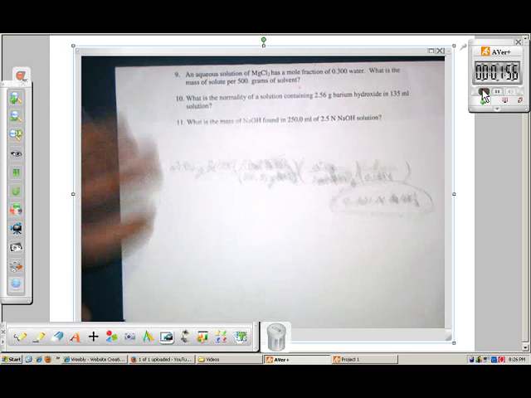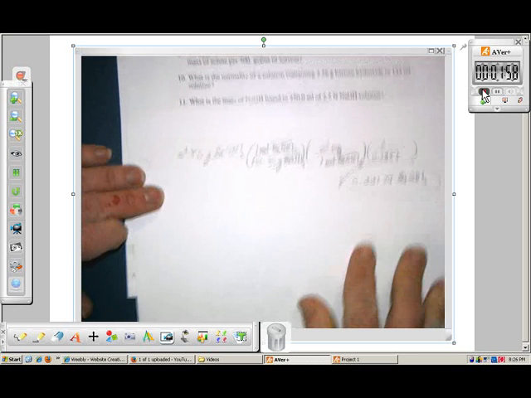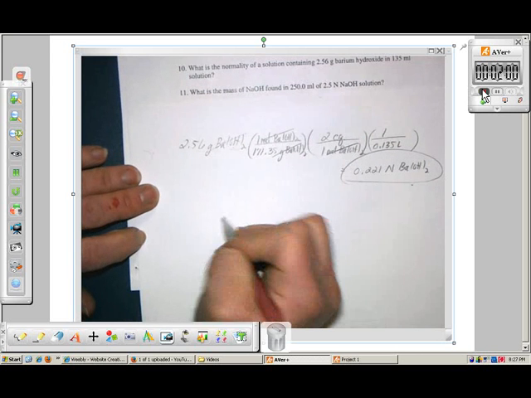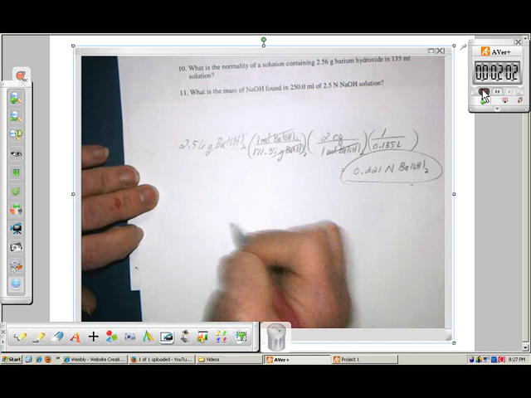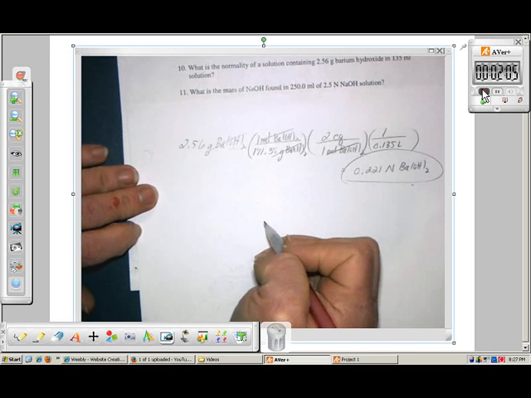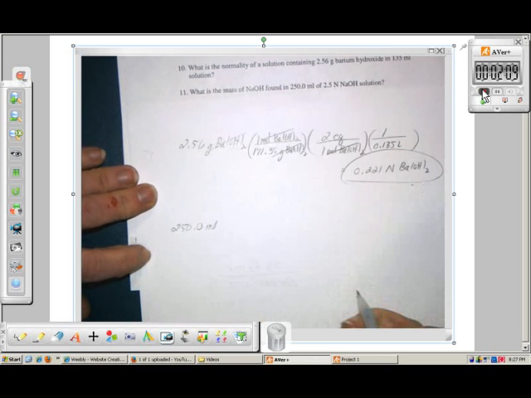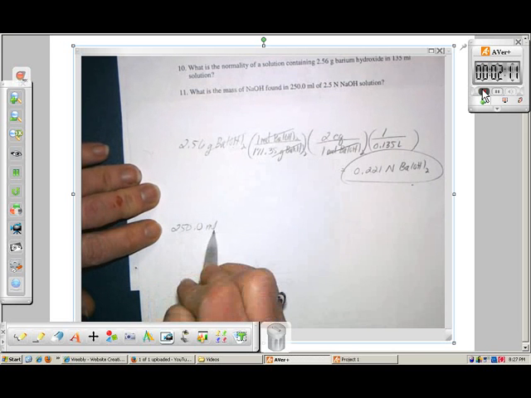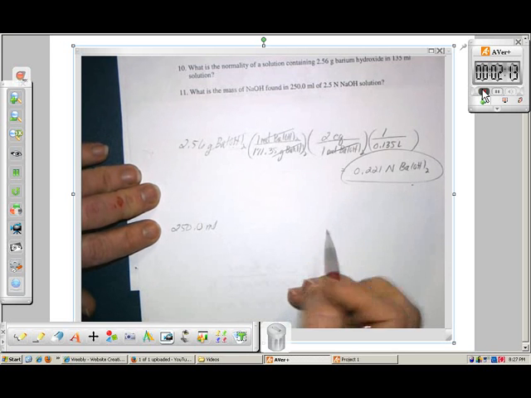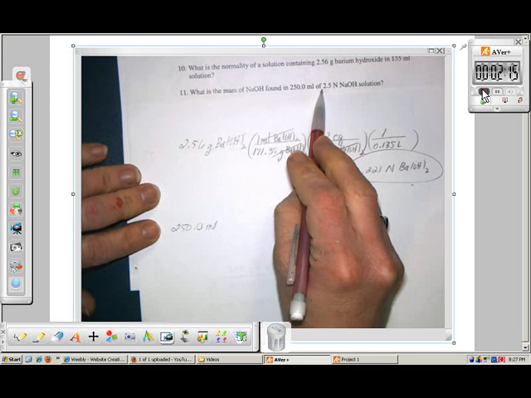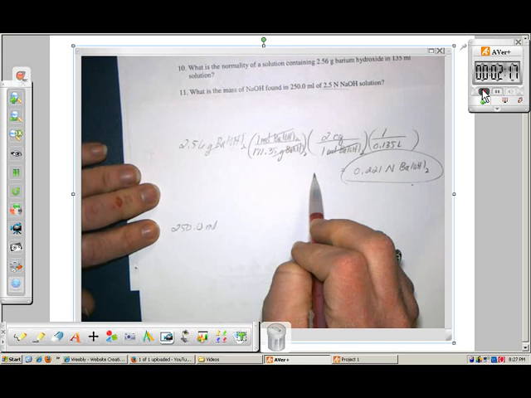Our second problem: what would be the mass of sodium hydroxide found in 250 milliliters of 2.5 normal sodium hydroxide solution? All right, I'm going to start out with my simpler expression, and that would be just my volume, versus a combined expression that I can expand out, my concentration expression.